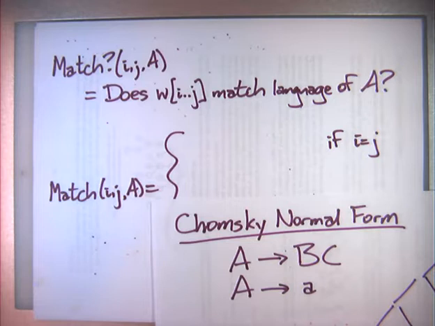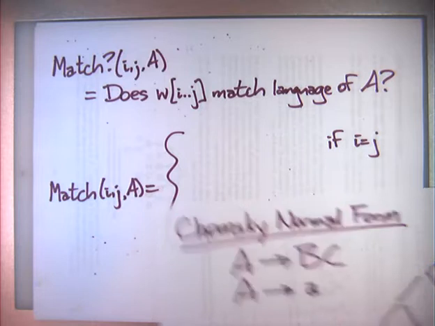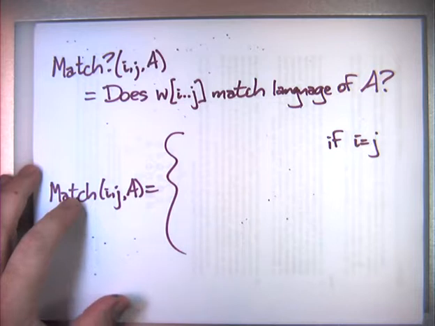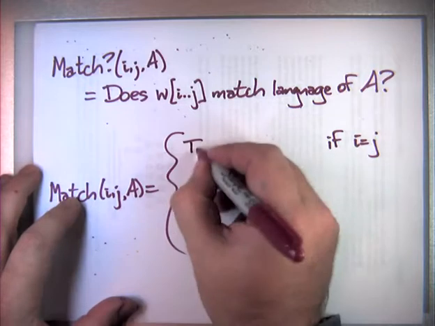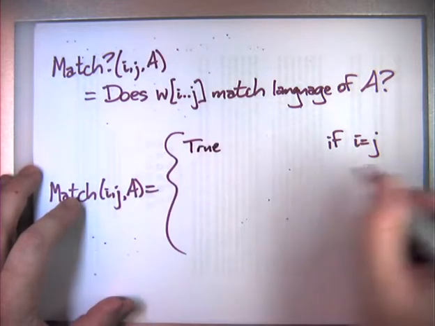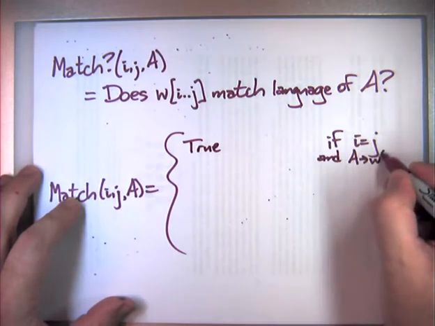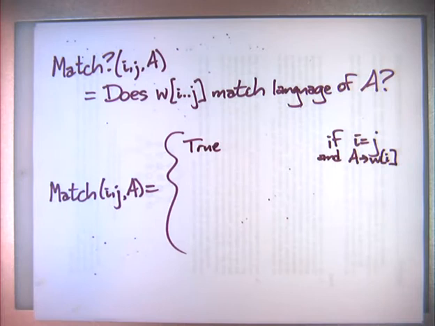So if I is equal to J, if the string that I'm passing in is one character long, it has to match a production rule that looks like this. Right? So if I is equal to J, the only possibility is either yes, there's a production rule that goes from A to W_I. Right?